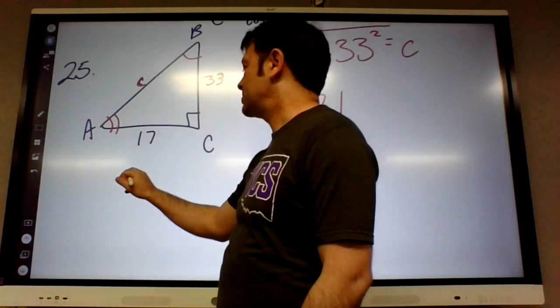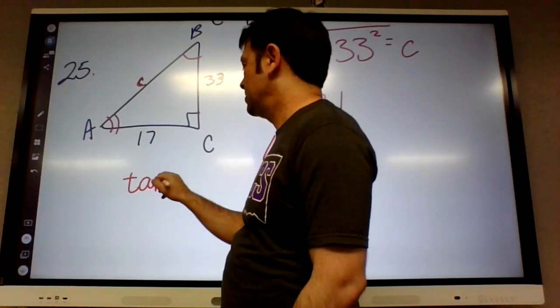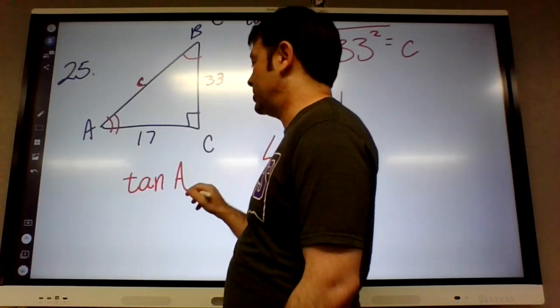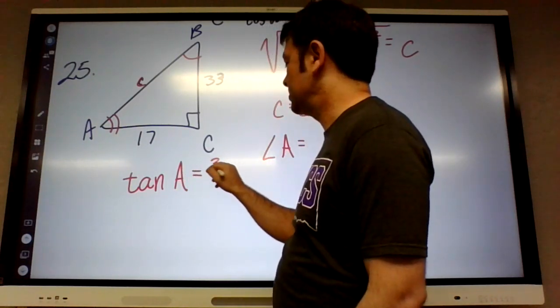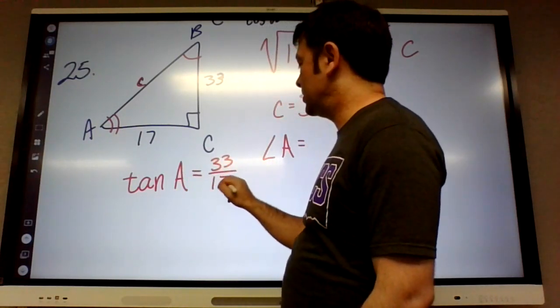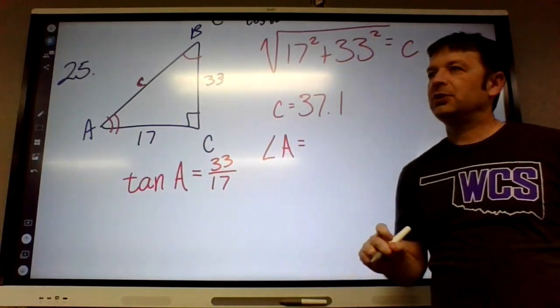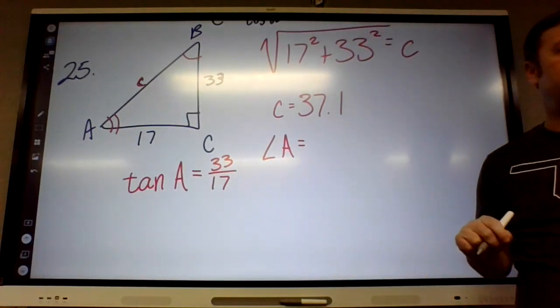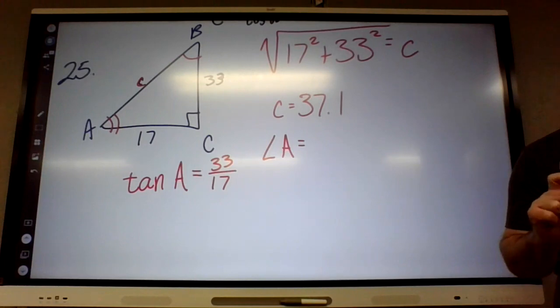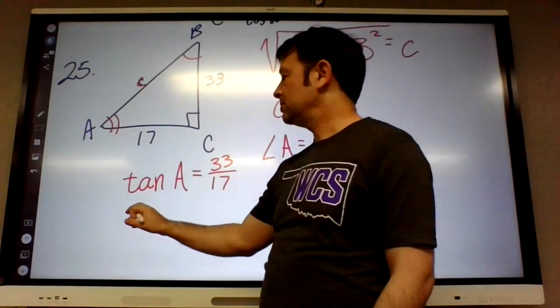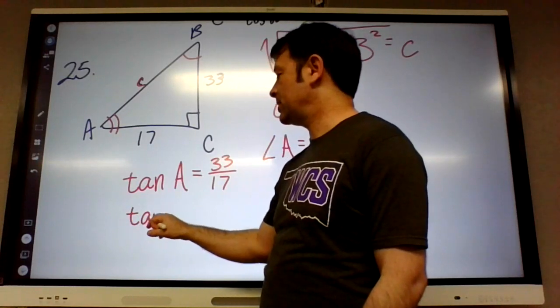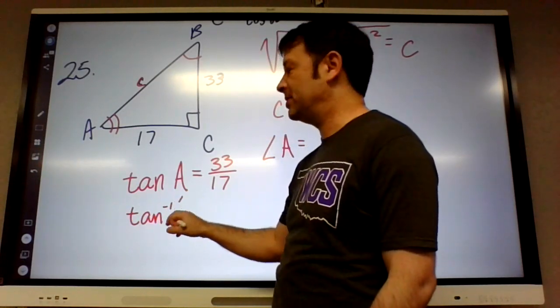So it's tangent of the angle, which this time we don't know, so let's call it A, equals opposite over adjacent. So what did we plug in yesterday to find angle A here? Oh, we did the inverse. Right, good.